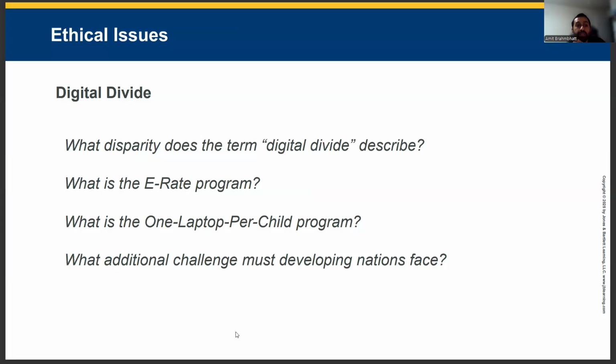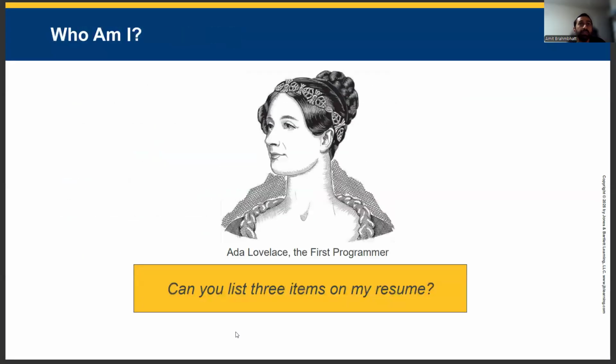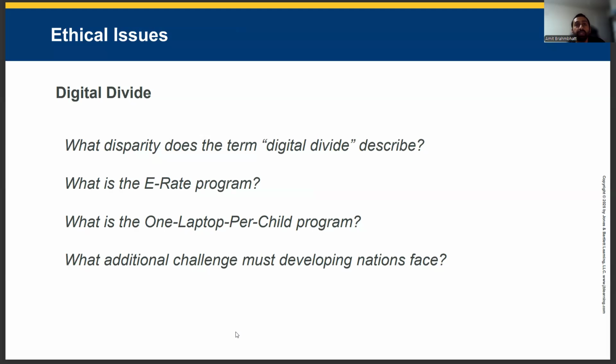What disparity does the term digital divide describe? It is the gap between those with reliable access to technology and those without. What's an E-rate program? E-rate subsidizes internet access for schools and libraries, while One Laptop Per Child aims to expand access to learners worldwide.